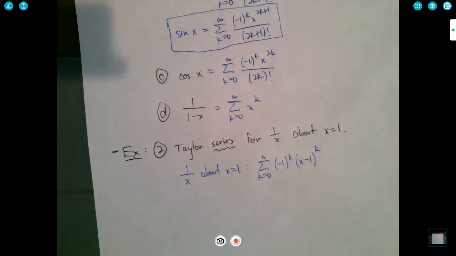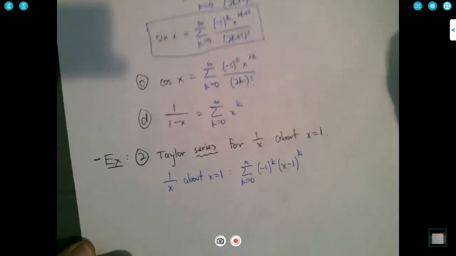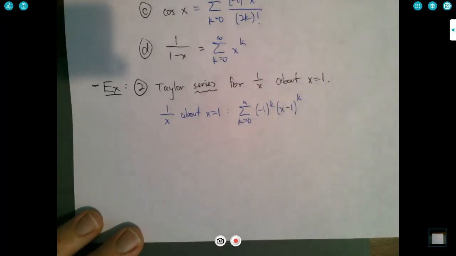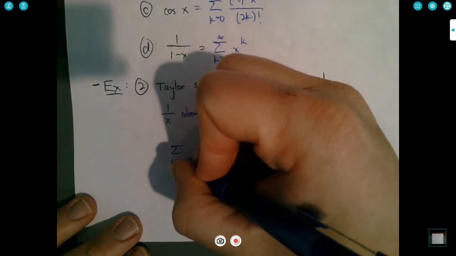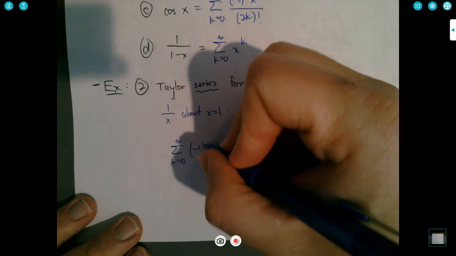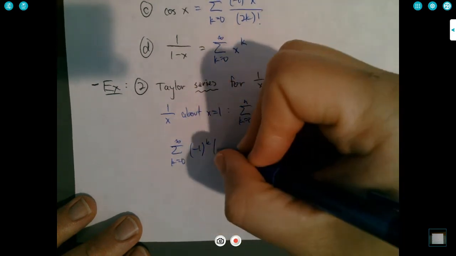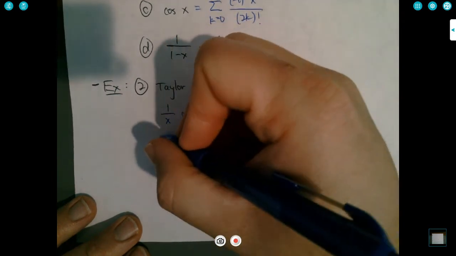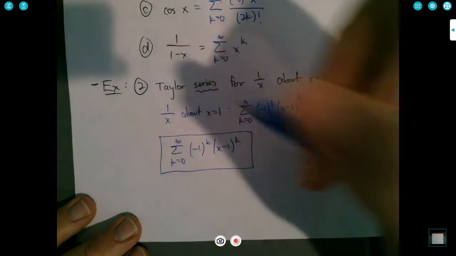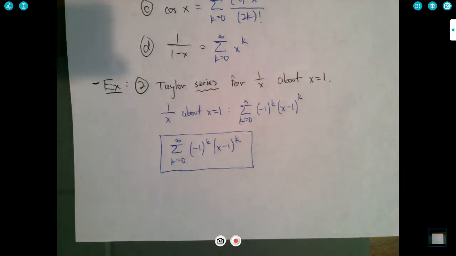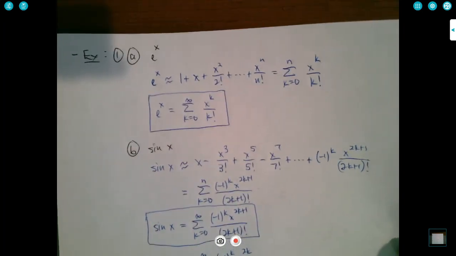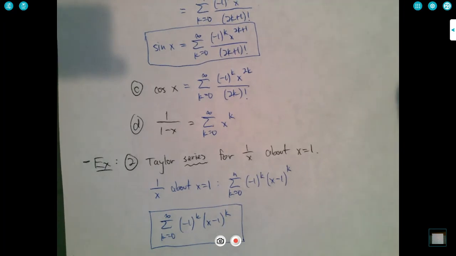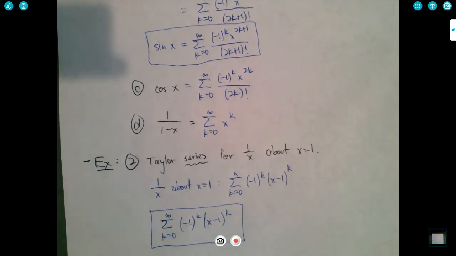So the Taylor series is going to be the sum from k equals 0 to infinity of negative 1 to the k times x minus 1 to the k. Okay, so there's that one. Pretty straightforward, right? Taylor series are the same things as Taylor polynomials, except that you allow the upper limit of summation to go to infinity instead of stopping at a finite value n.